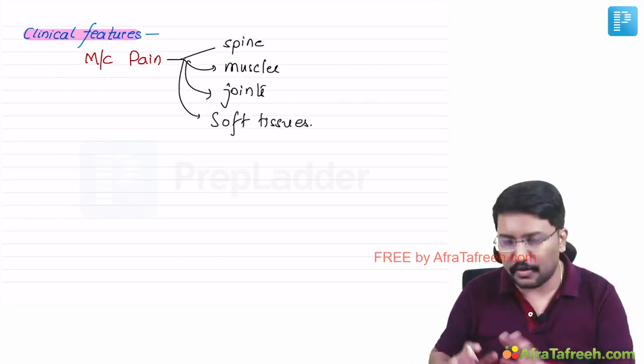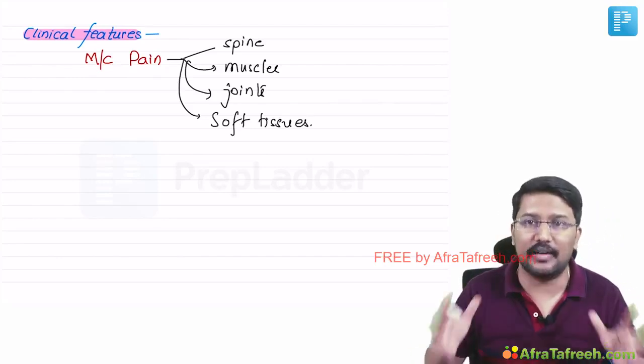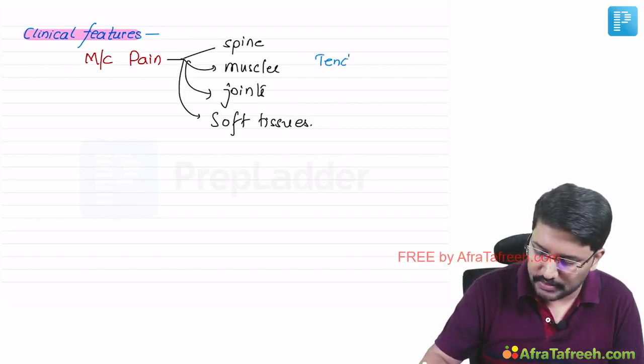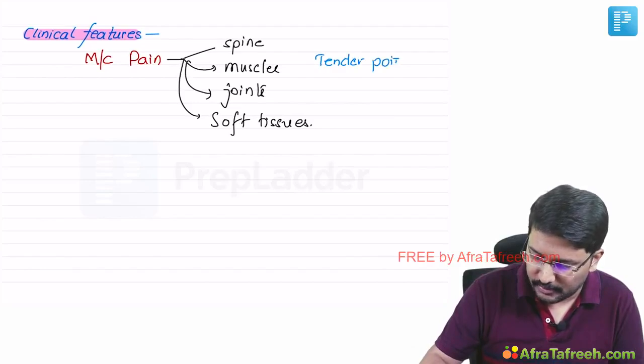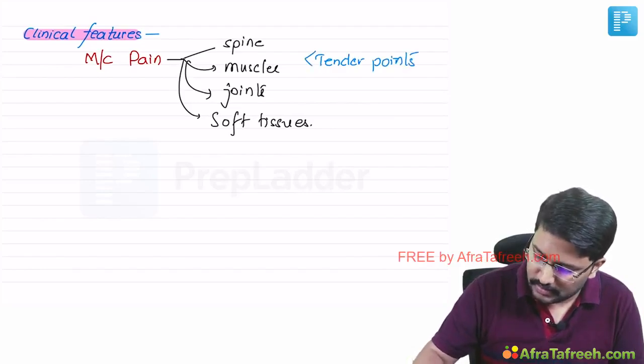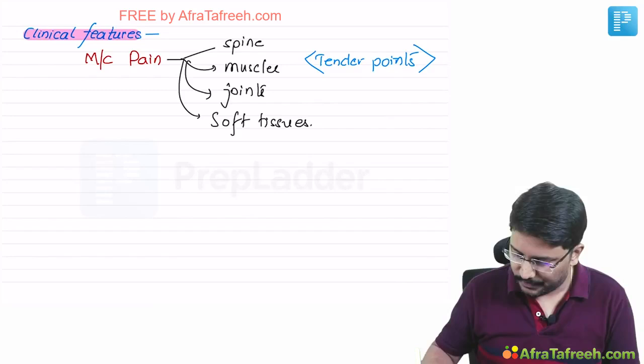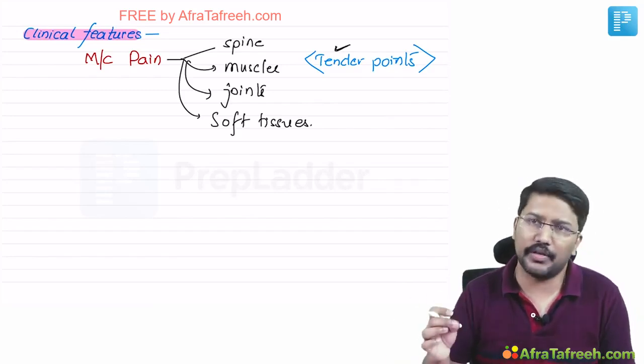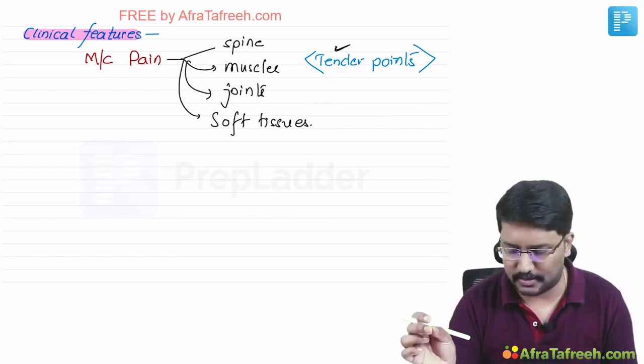And remember, pain is very often described as multiple tender points on the body. So if there is a question talking about multiple tender points, right, again the examiner is talking about fibromyalgia. Okay, so this is something that we should know. Whenever the question is talking about multiple tender points, probably it is talking about fibromyalgia.